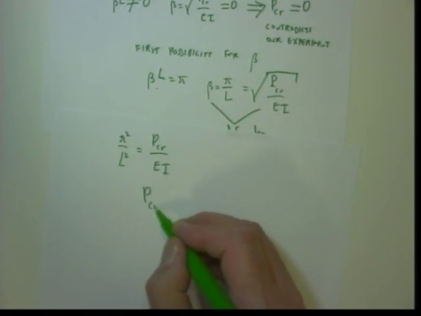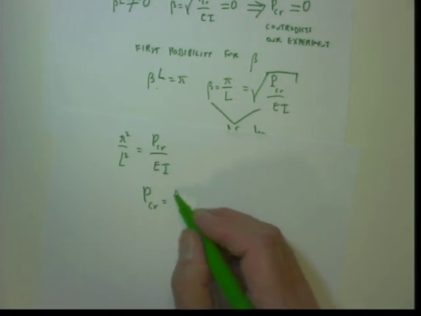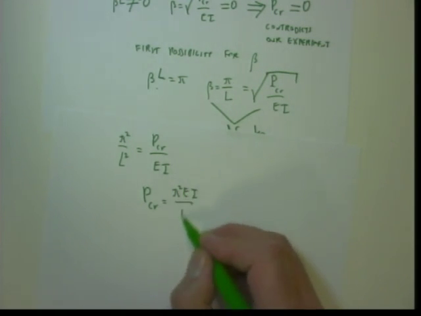So from here we get P critical equals pi squared EI over L squared.